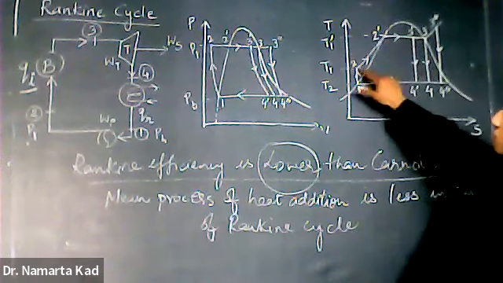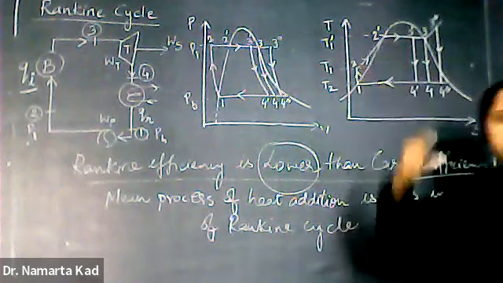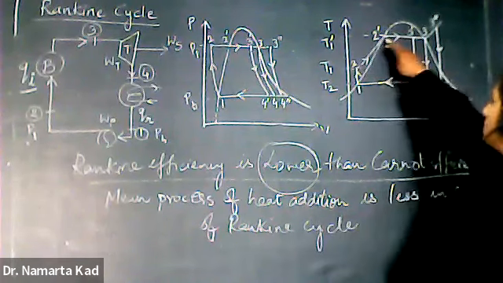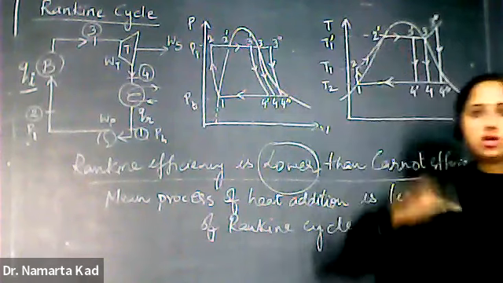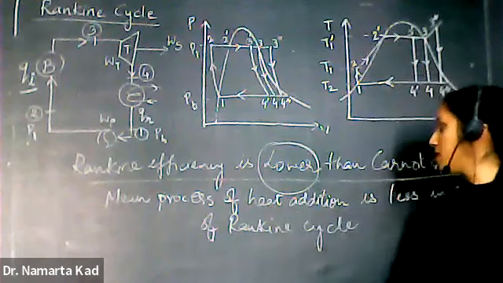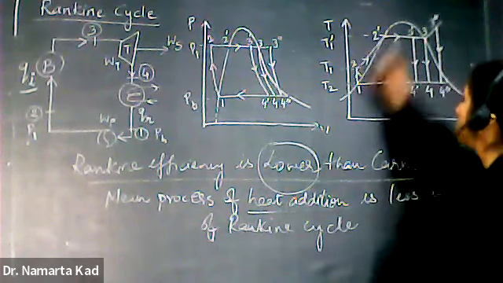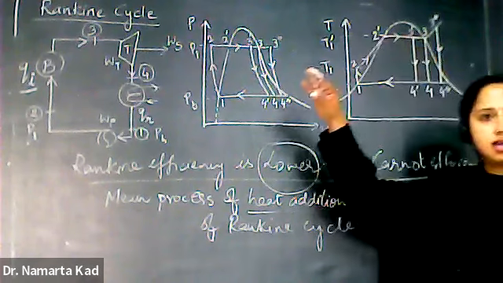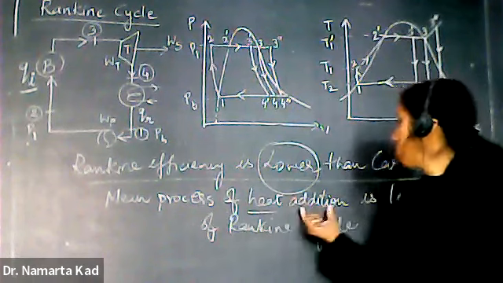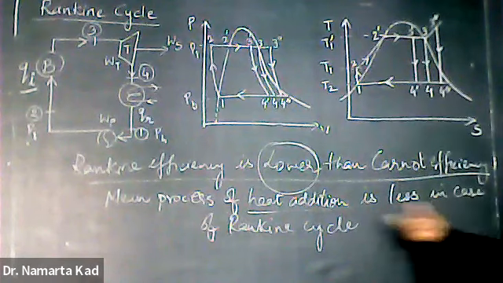At the first stage the temperature increases up to wet steam, and then it increases further, so there is a variation in the temperature increase during heat addition, whereas in the Carnot cycle the heat addition takes place at a constant level. That's why in the Rankine cycle the mean temperature of heat addition is less than in the Carnot cycle.